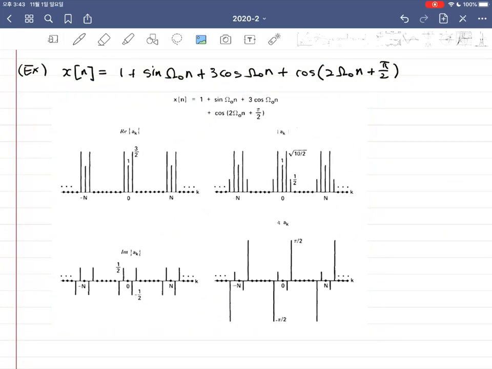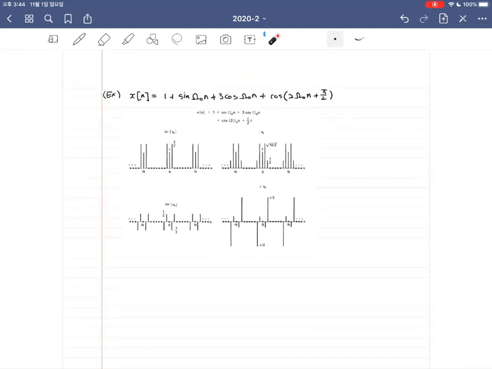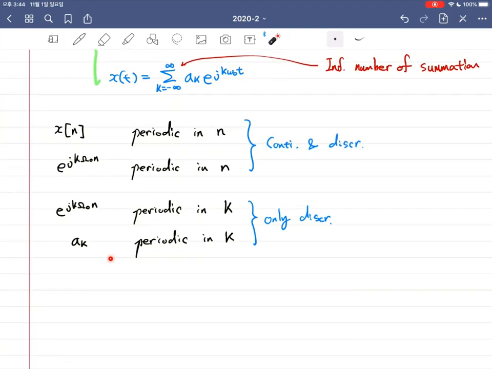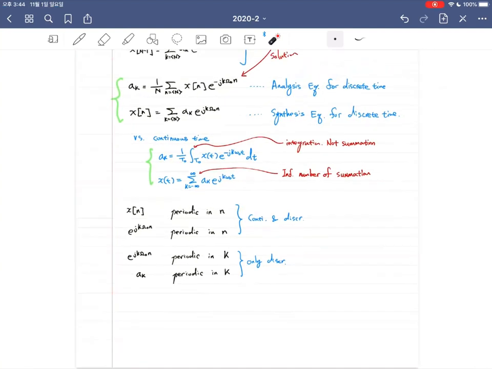I'm not going to do the calculation for this example, but I really wanted to point out that this a_k is a periodic signal itself because of this statement: a_k is periodic in k. This only happens in the discrete time case. We never witness this kind of property when handling the continuous time case.